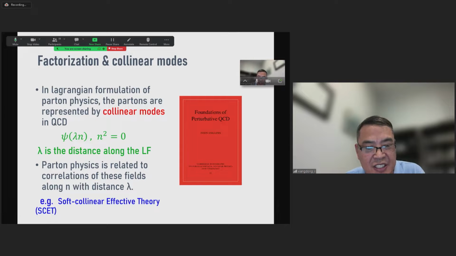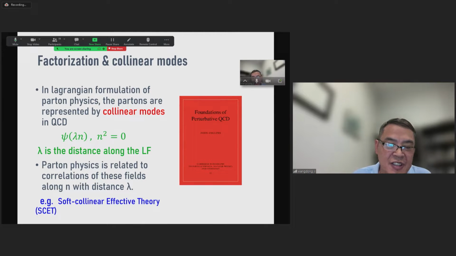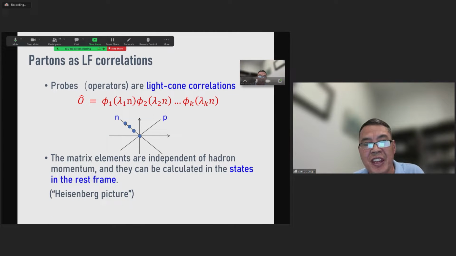The parton physics formulated in terms of these fields are light-cone correlation functions. For example, in the soft collinear effective theory, where the parton density shows up, there are light-cone correlators of fields. So if I draw the space-time picture here, the dots represent a bunch of fields distributed along the light-cone directions.